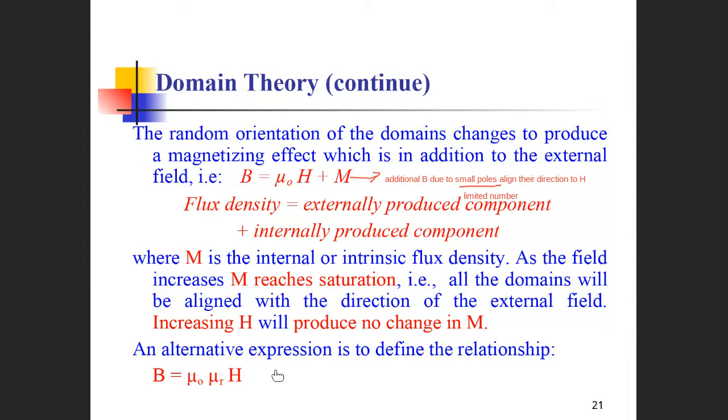At the beginning, the small pole number is enough to align their directions with the strength of the H. When the strength of H is stronger, more and more small poles align their directions to the H. At the end, all of the small poles align their directions to the H. And then you increase the H. There are no more poles available, but the fundamental one still increases. Okay, so that's it.